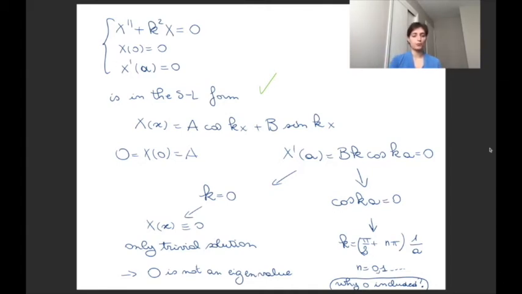So we can write X, capital X, function of small x, as a sum of cosine and sine, in the form a cos kx plus b sin kx. We haven't determined the value of k yet. By imposing the boundary conditions, we have that X of 0 is equal to a, and we impose that equal to 0, so a is equal to 0.